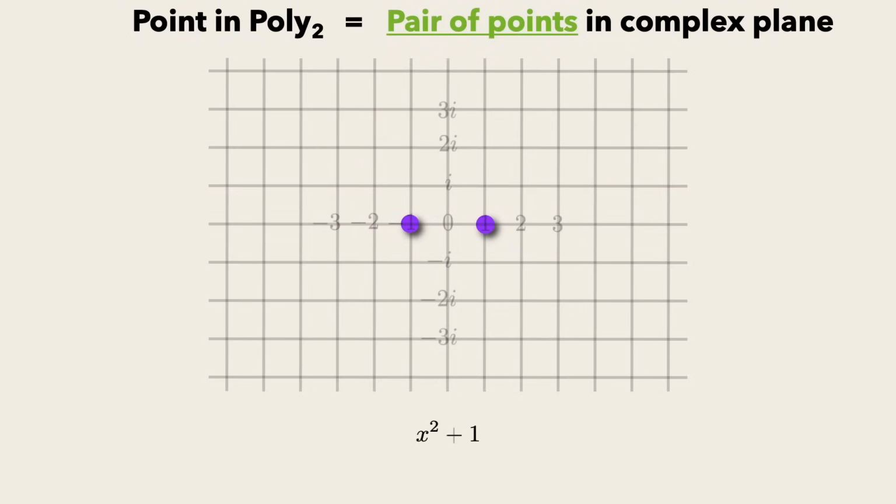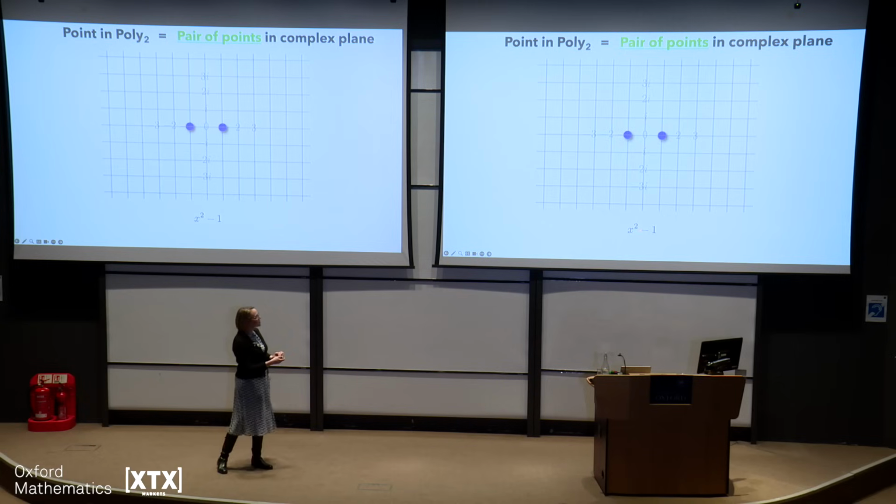What I want you to think about is that I think I won't have trouble convincing you that this is a point in poly 2, right? Poly 2 is the space of monic degree 2 polynomials. So x squared minus 2 is a point in this space. But I can also think of a point in this space as a pair of points in the complex plane.